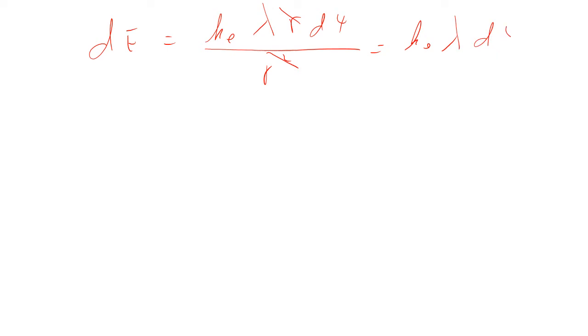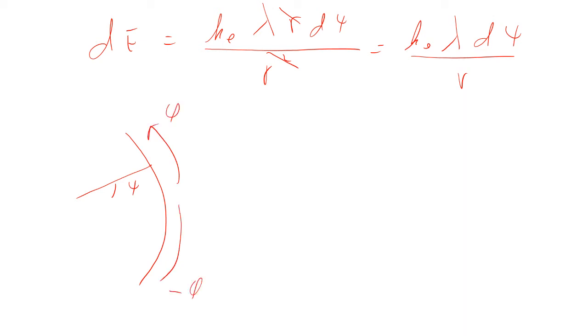So dE is going to be equal to k sub B. The dq is lambda r d psi divided by r squared. So those r's cancel. So that's going to be k sub B lambda d psi divided by r. Now, psi is like that. We're going from minus phi to phi.